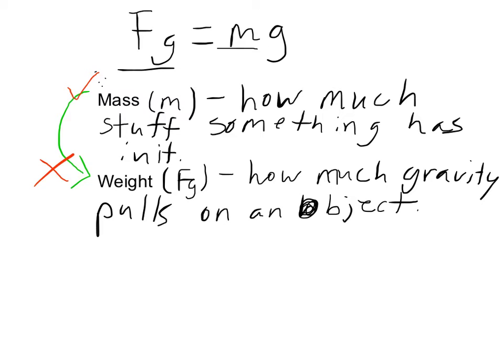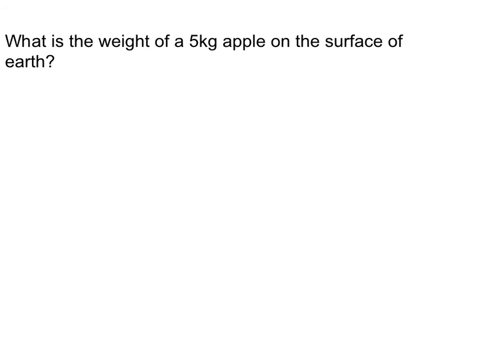Okay, so let's take these concepts and try some problems. First example. What is the weight of a 5 kilogram apple on the surface of the Earth? So we're going to use the equation for weight, since this question asks us for weight. Weight equals mass times acceleration due to gravity.